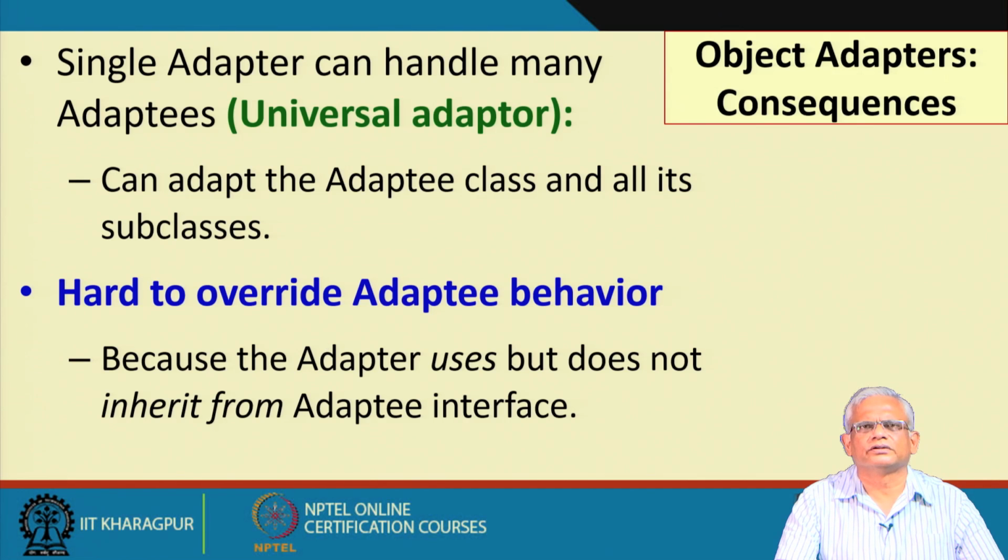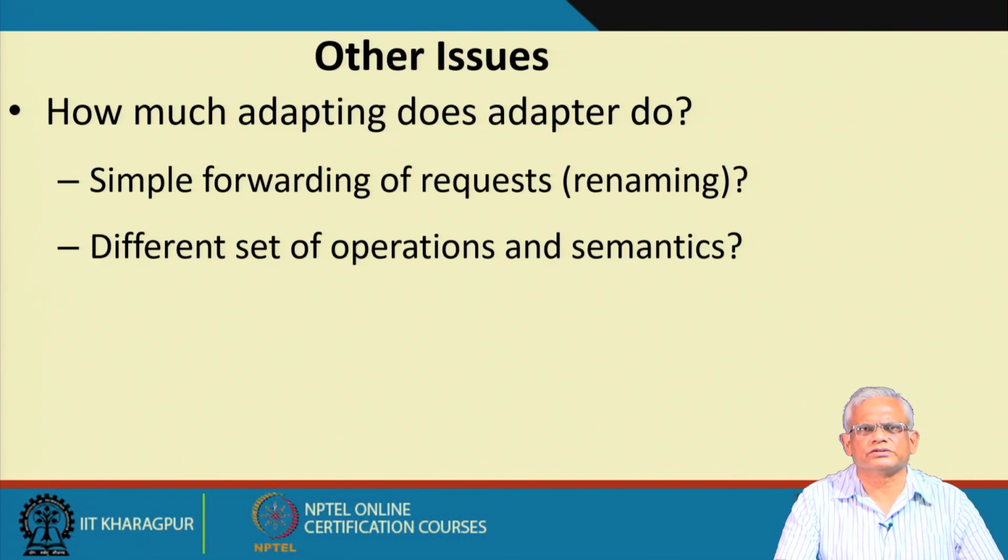We do not have the method available internally to make changes to it; the data and so on of the adaptee is not available internally, and therefore, to change the behavior of the adaptee is difficult. If it is straightforward calling of the method, then okay, the object adapter works fine, but if we have to substantially change the behavior of the adaptee, then the object adapter cannot be used.